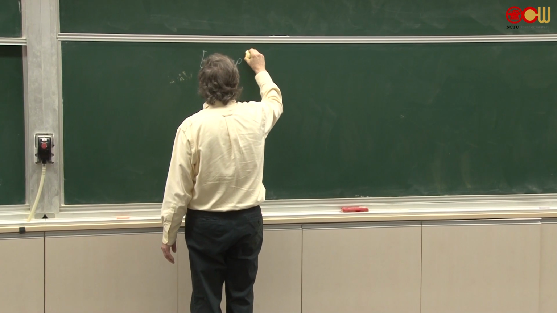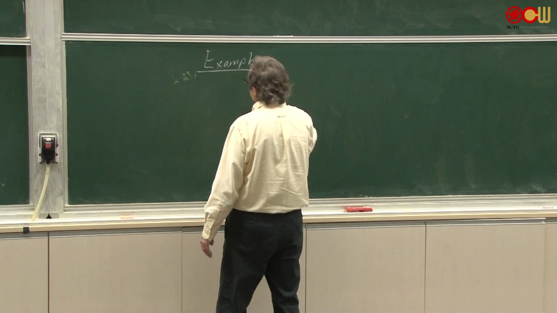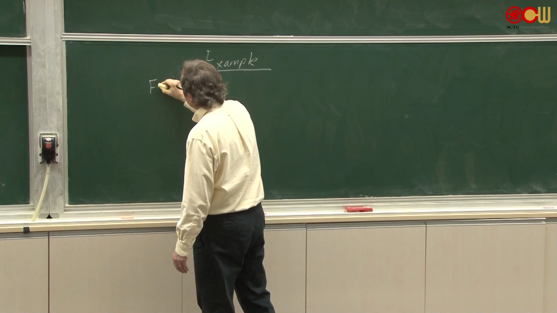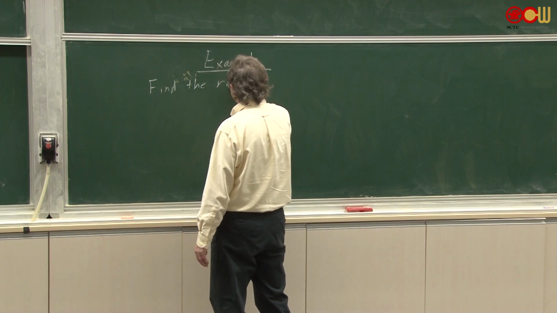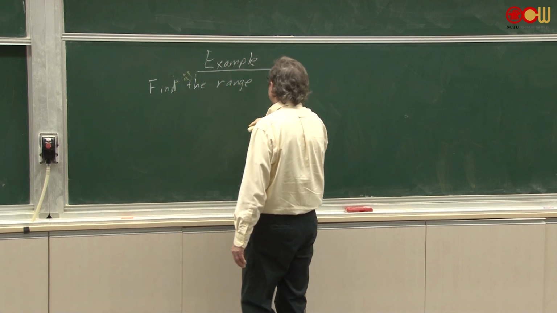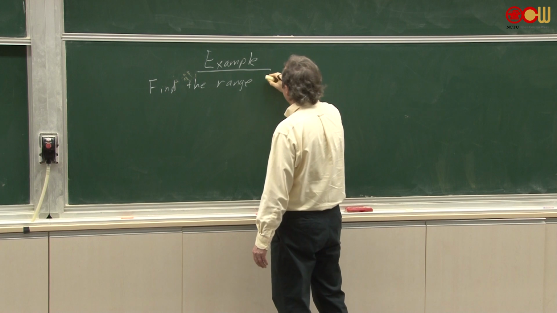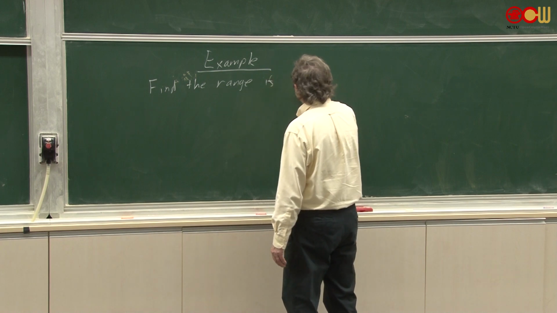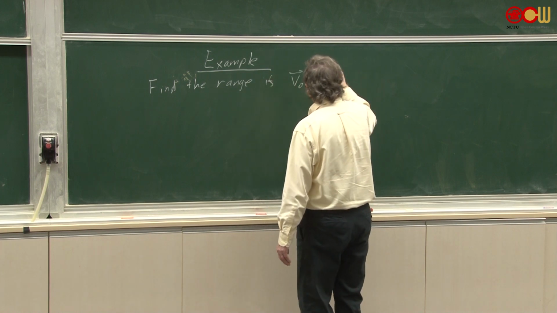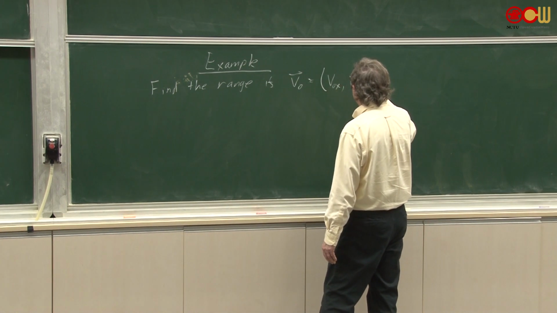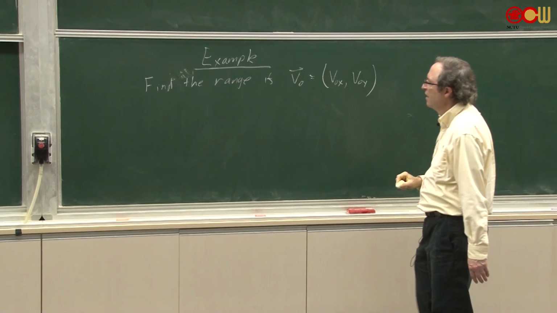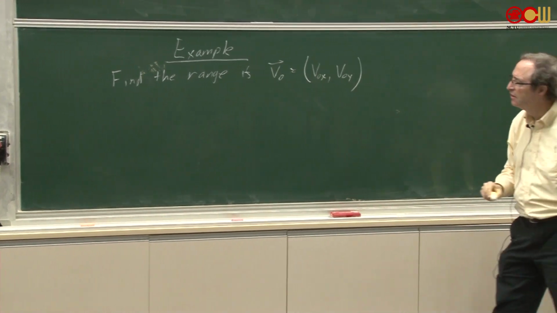All right. Let's find the range, if v0 equals (v0x, v0y). And what do I mean by range?